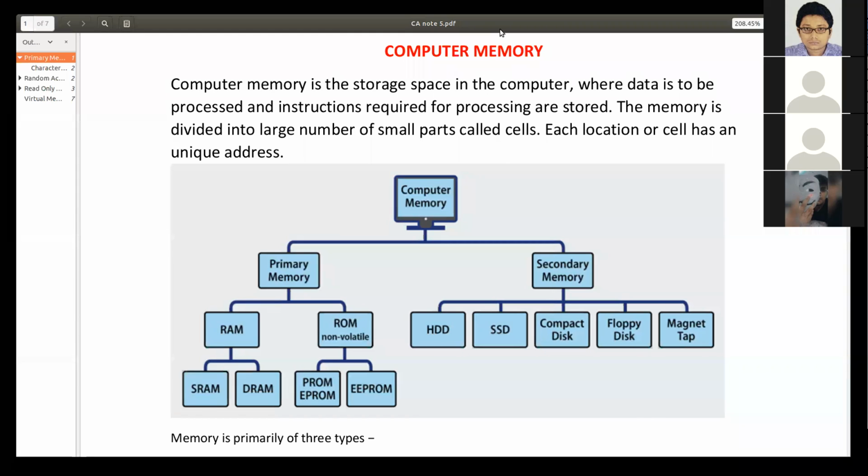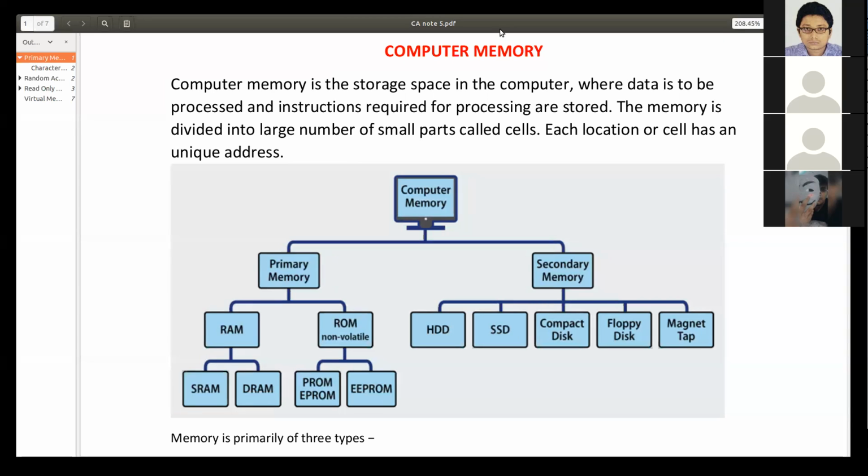Then SSD, the full form of which is solid state drive. This is the advanced technology of our hard disk drive. Generally in our latest computer systems, we will find that the drives are SSDs. If you go and buy a computer in any computer shop, the salesperson will tell you, sir, this system has an SSD, so it is advantageous.